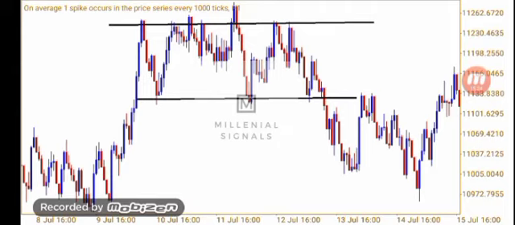I said if price makes a sidestepping movement into a key level, that is, it's making a series of higher highs and higher lows into a level, or a series of lower highs and lower lows, then you should know that level might not hold.